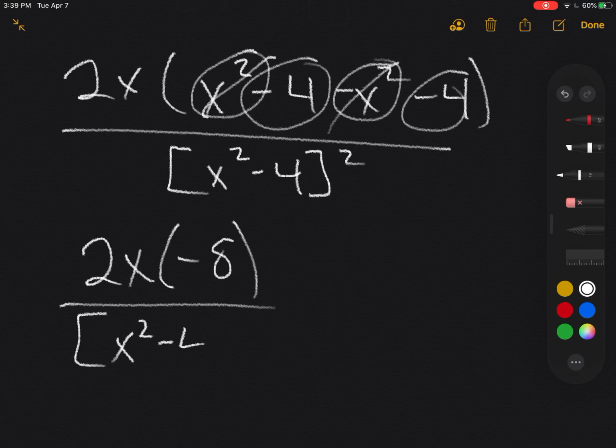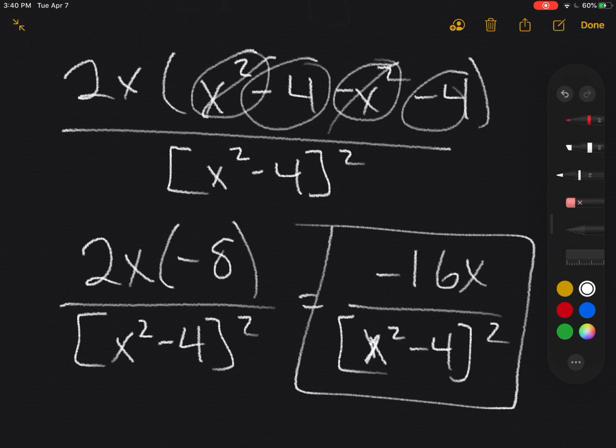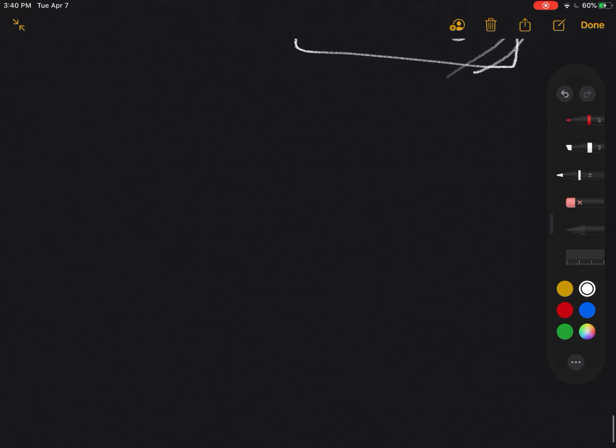Negative 4 minus negative 4 gives me negative 8. So I have 2x times negative 8, all divided by (x squared minus 4) quantity squared. And that gives me negative 16x over (x squared minus 4) quantity squared as a final answer.